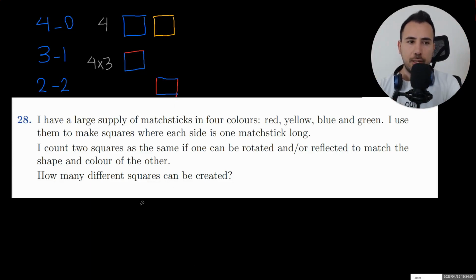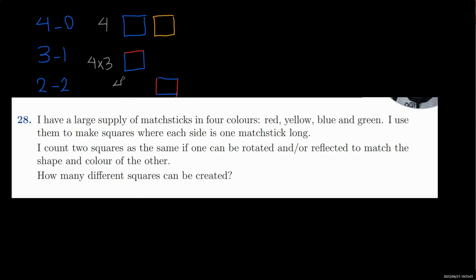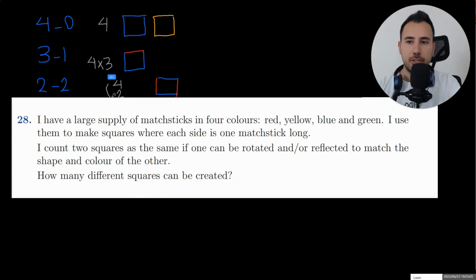You have 4 colors, you want to just pick 2. Maybe blue and red, maybe blue and yellow, and then you put them like this. So for this one, it will be combination of 4 and 2, which will be 6.